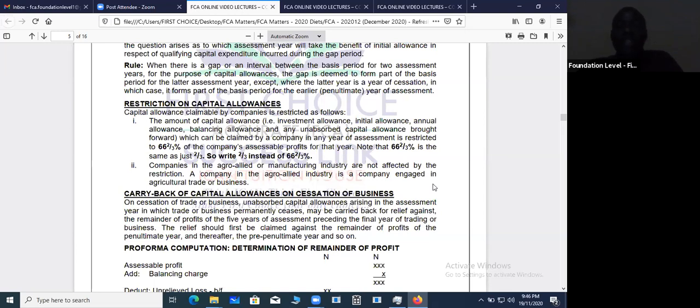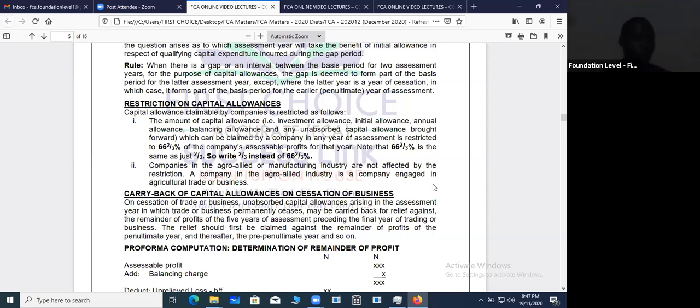The law says there are some companies who will just prorate their accessible profits and give them 2/3, nothing more than 2/3, as capital allowance. So if you have accessible profit of 12 million, what is 2/3? If you divide 12 million by 3, that will give you 4 million.